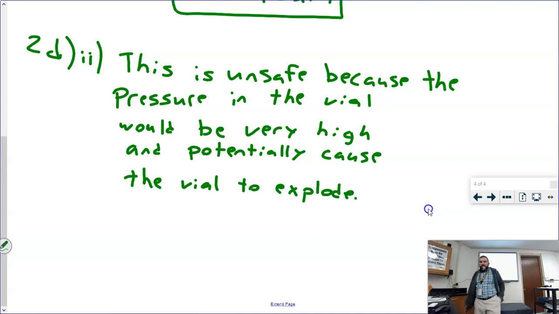This would be unsafe because the pressure in the vial would be very high and potentially cause the vial to explode. That's all we need to say. All right, that is it. What I'll do is I'll post the answer key, the official AP answer key to this with this video.